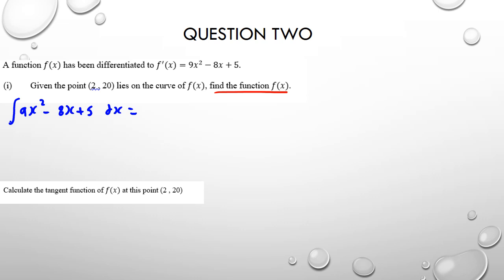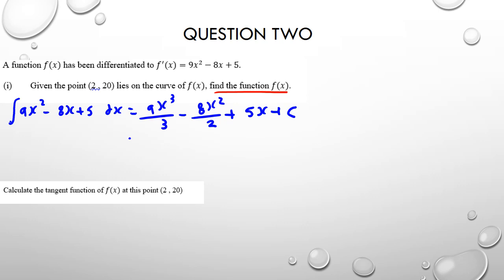Integrate means the opposite of differentiation, anti-differentiation. So instead of taking 1 from the power, we will add 1 to the power. So we will have 9x to the power of 3 over 3, divide by the new power, minus 8x squared over 2, plus 5x, plus c, the constant of integration.